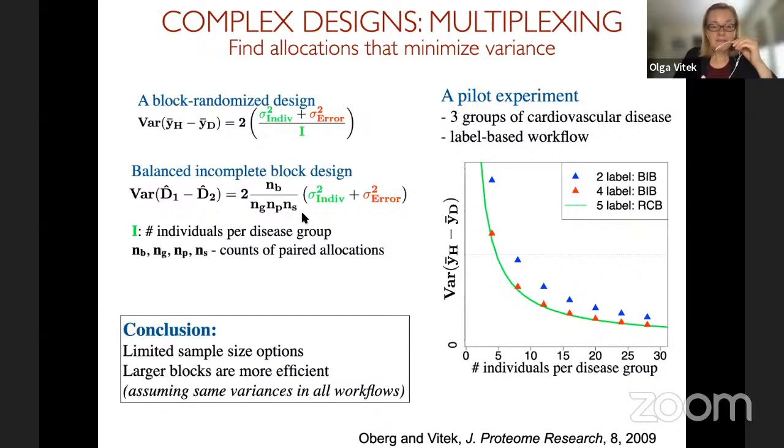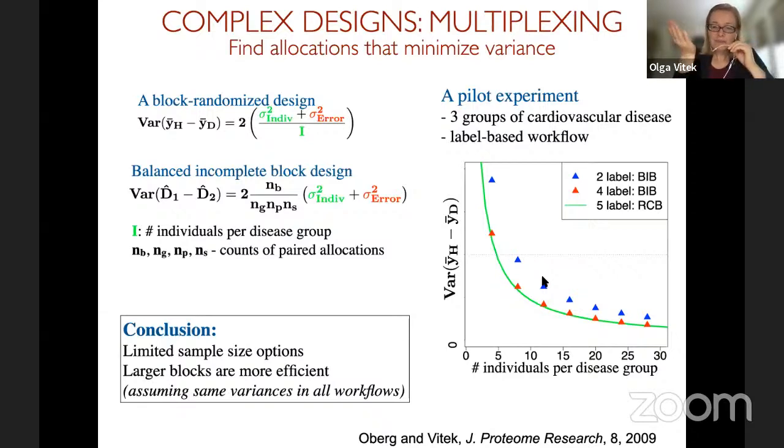However, we can calculate what it is. And so you can actually do the same type of sample size calculation here. So this is what happens if you have a complete design, so enough labels. And these are the designs with 4 labels versus 2 labels. So we see that 4 labels is more efficient. It will minimize the noise as compared to 2 labels.